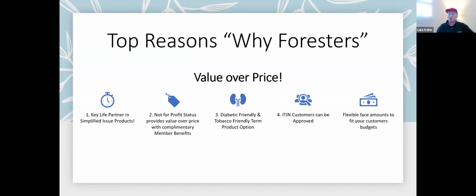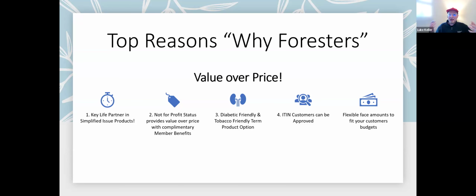And then we also have an incredible ITIN program. So if you guys aren't familiar with ITIN, these are folks who are non-US citizens, but they live in the US, they're working or retired and paying taxes. They have an ITIN number, even though they don't have citizenship status here, right? So Foresters has the ability to get these folks covered, which is an incredible opportunity, right?